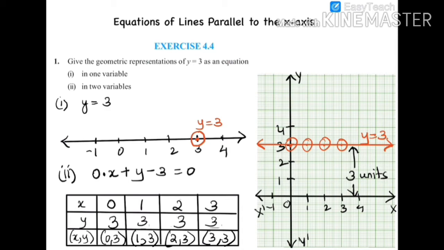Can you write a general form for this point, which is a solution of this equation? Notice from the table of solutions that the y-coordinate is always a constant 3, no matter what value of x you choose. So a solution point of this equation can have a general form (x, 3).